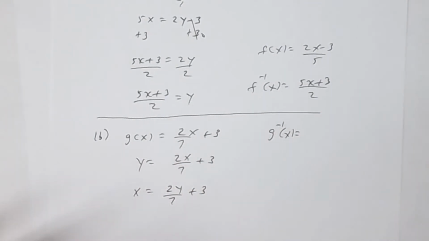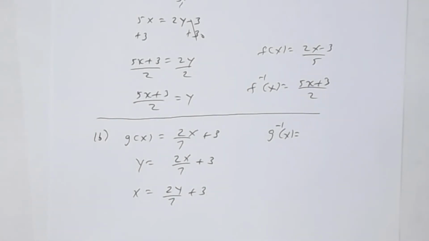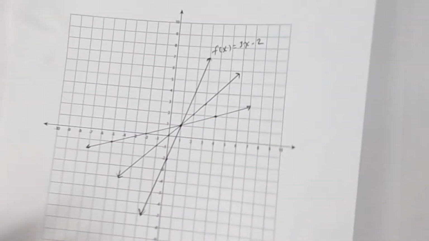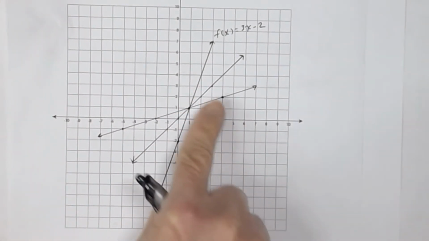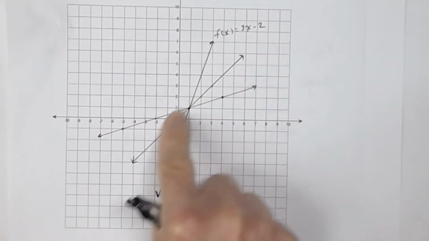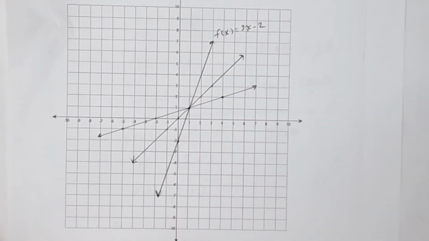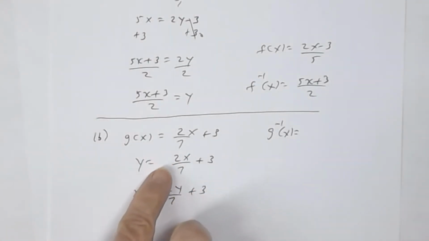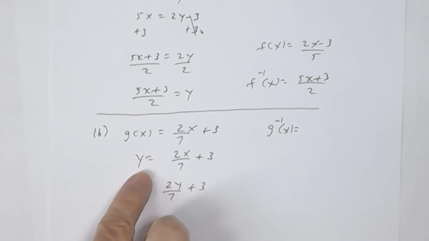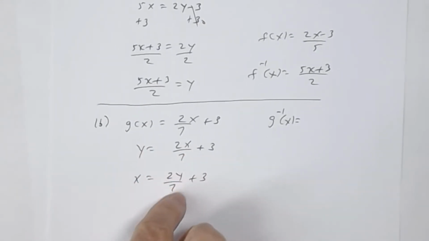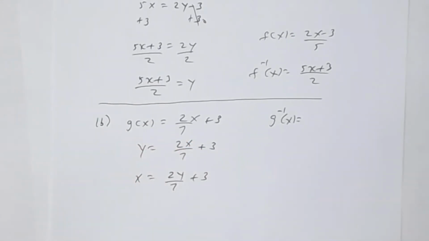If I go quickly and look at this example right here, these two functions will be symmetrical about the line y equals x. That's one of the reasons why we replace y with x and x with y. We interchange the variables, so they're symmetrical about the line y equals x.